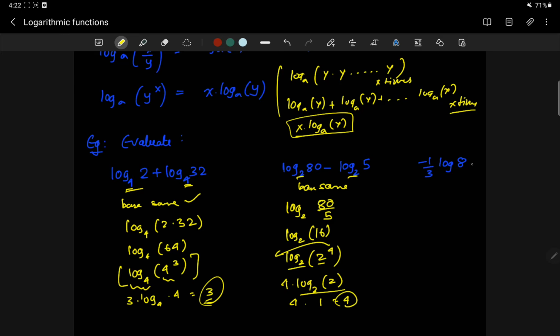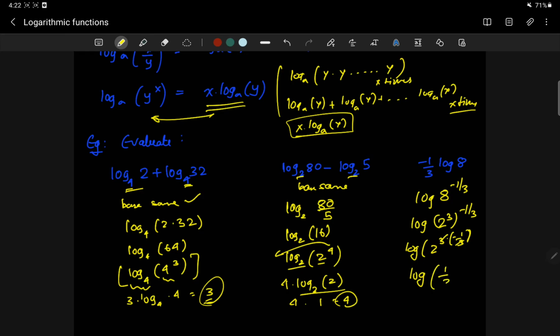Next is negative 1/3 log 8. In this case, we use this property in reverse and write this as log of 8 to the negative 1/3. But what is 8? 8 is 2 cubed. And then we have learned properties of exponents, so this is going to be 3 times negative 1/3.